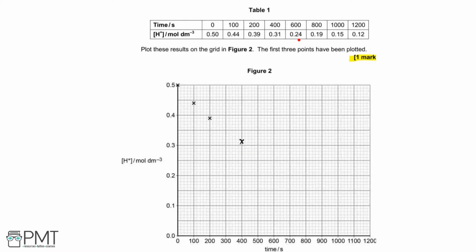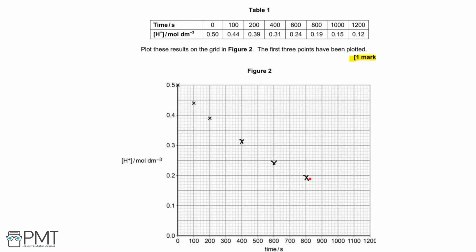Then we have 600, 0.24, so 600's here, 0.2's here, so 1, 2, 3, 4 gets us our next point, like so. Then our third point is 800 and 0.19, so we have 800 here, we have 0.2 here, so down 1 from there gets us to 0.19, so there is point number 3.